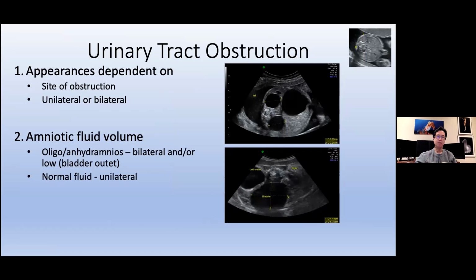If it's a unilateral obstruction, amniotic fluid volume will be normal. However, if the obstruction is bilateral kidneys, or if it's low, so it's a bladder outlet, posterior urethral valve, for example, then amniotic fluid will be low. So oligo or anhydramnios, because there's no urine being produced that is entering the amniotic space.